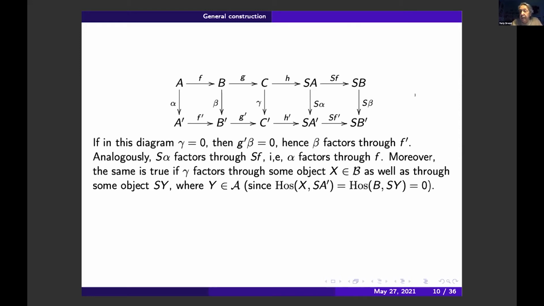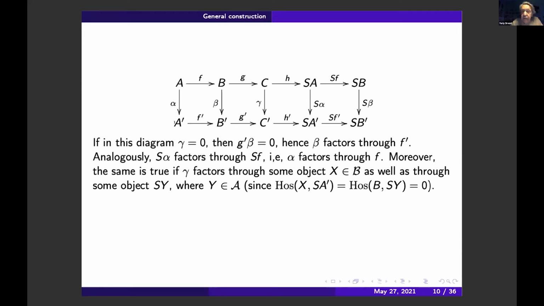Now about non-uniqueness. Certainly we must trace it only for gamma when gamma is zero. If gamma is zero, are alpha and beta also zeros or not? Certainly not. If gamma is zero, then this product gamma G, G prime beta, is zero.